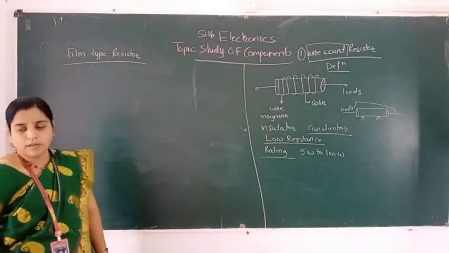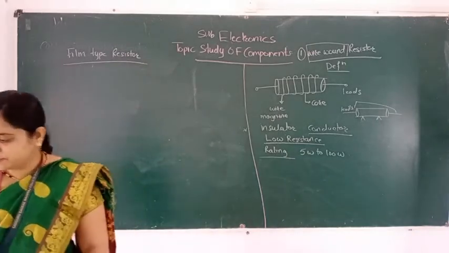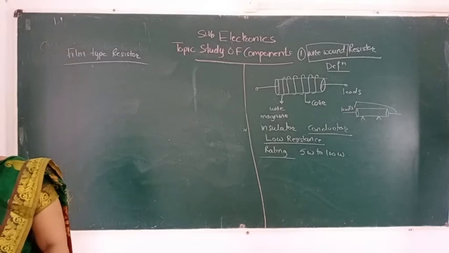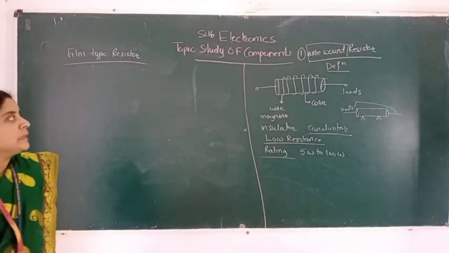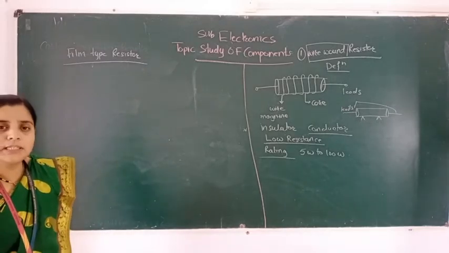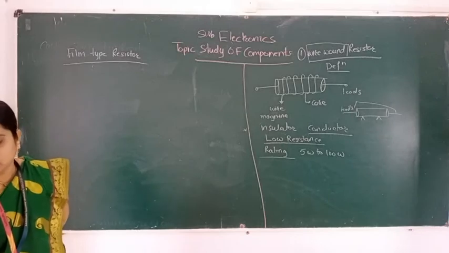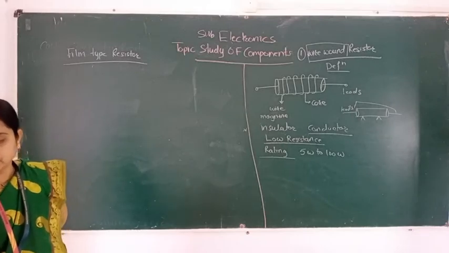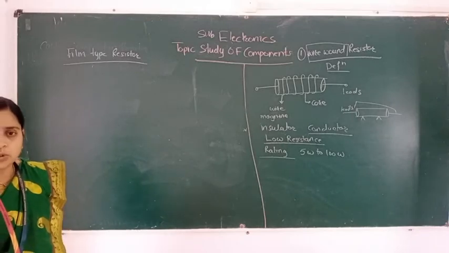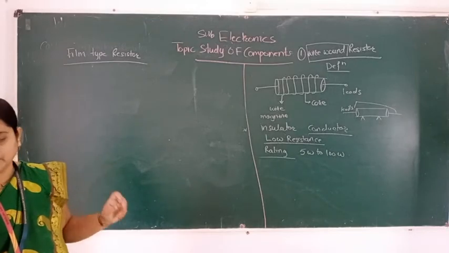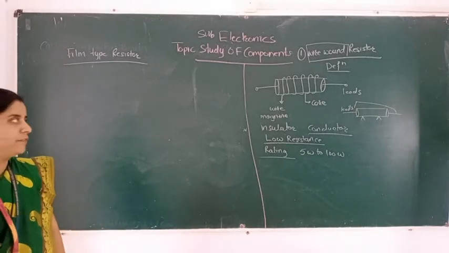Now wire bound resistor, you have seen the wire. Wire is used in the wire bound resistor. In carbon composition resistor, carbon granules are used. Now in the film type resistor, there are 2 types.